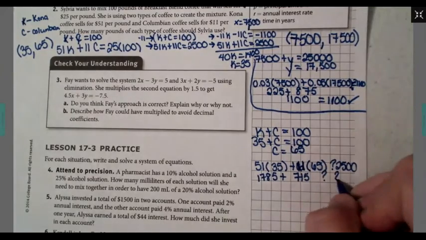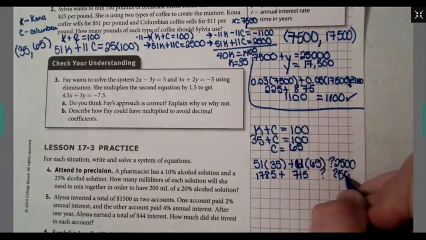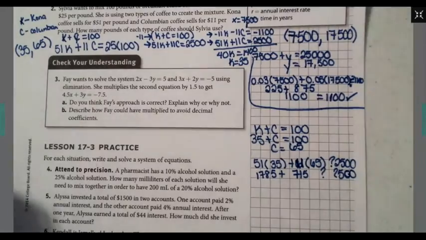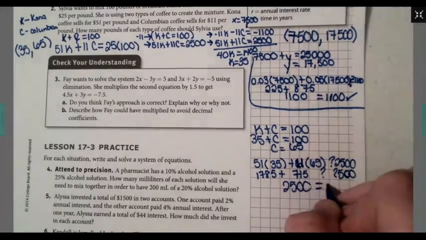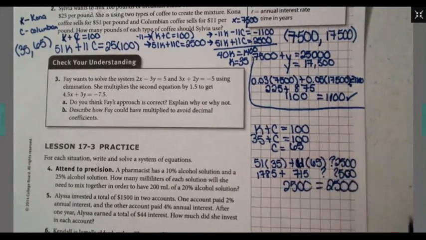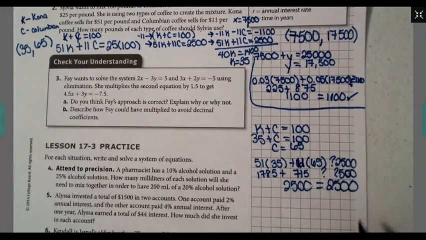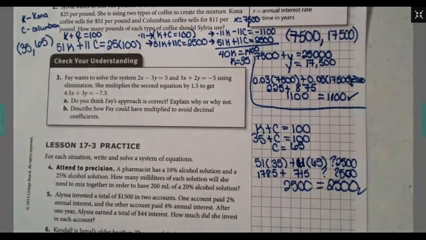And again, I'm still trying to find out if this is equal to 2,500. So we're going to add this to 1785. I get 2,500. Does indeed equal 2,500. So this checks out. On to the wrap up of this lesson.